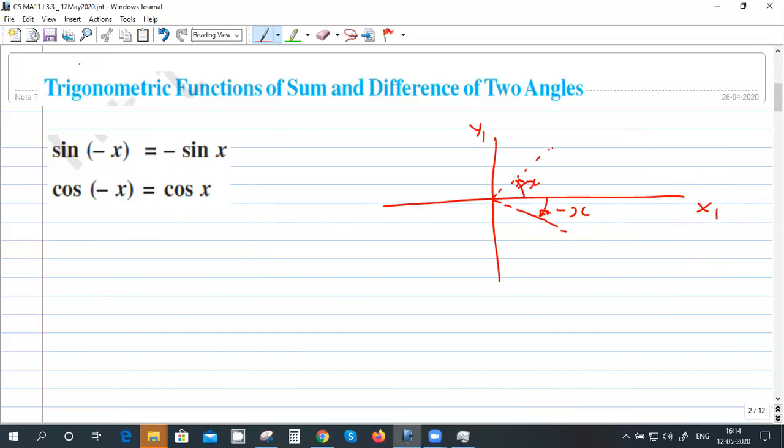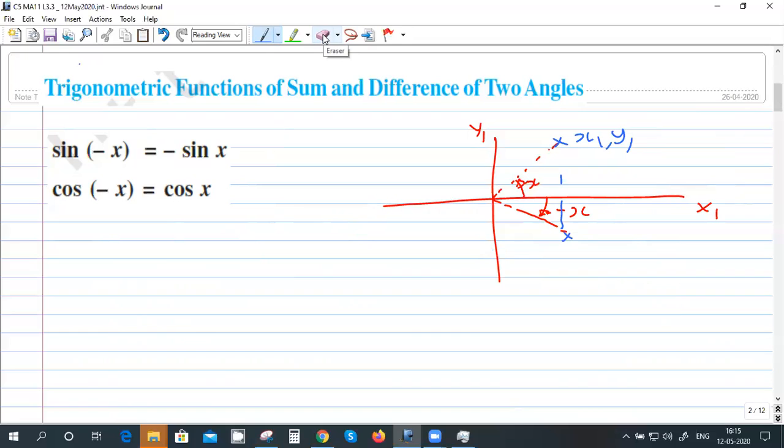Suppose you choose a point at an angle x, and the coordinates are x1, y1. What will be the coordinates of the point here? Minus x1, y1? Actually, y is minus, no?